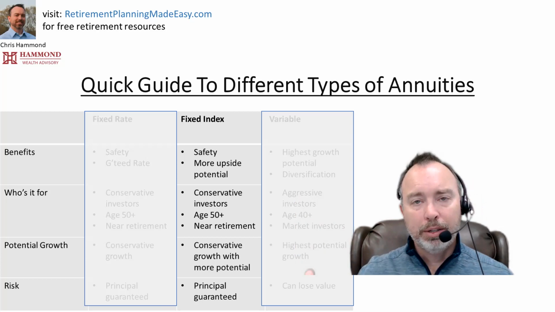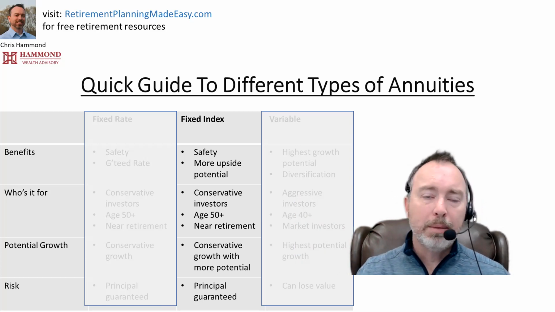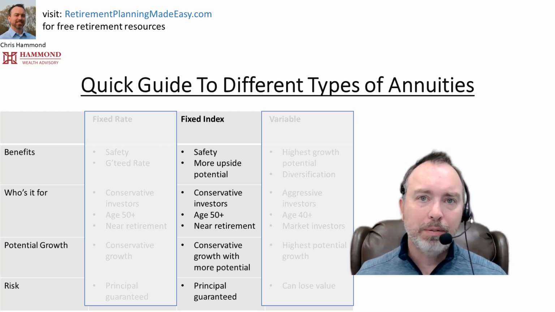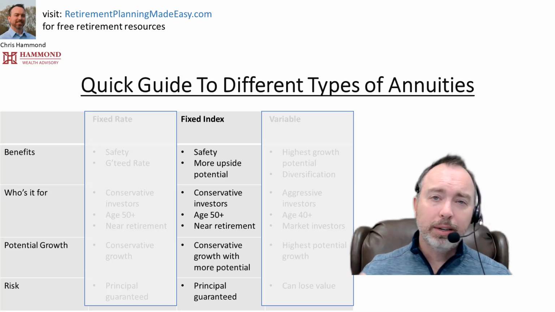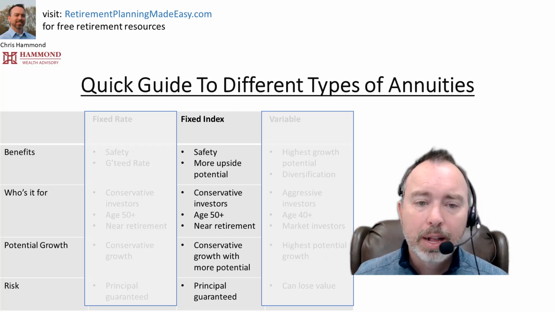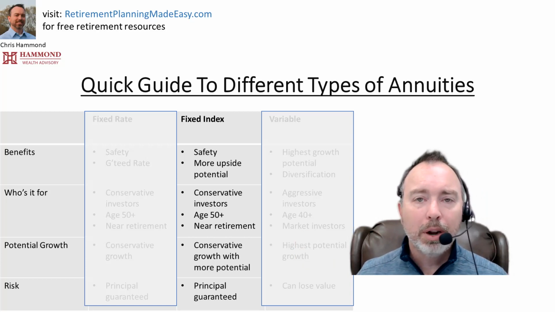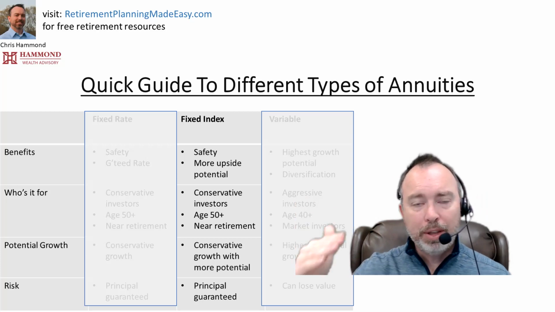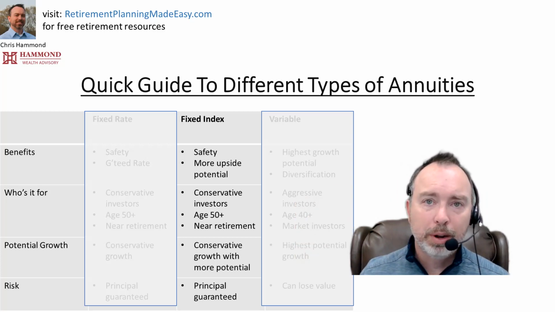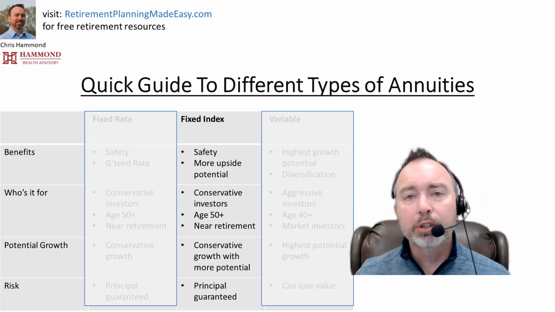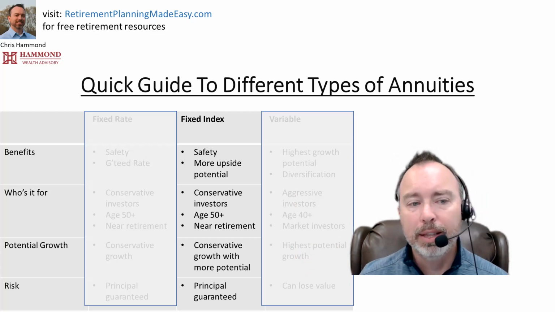And if the S&P index goes down, you don't lose any money on that. So with it being tagged and kind of indexed with something like the S&P 500, and there's tons of other indexes with different products out there, that means you have more upside potential. But also with that upside potential, if the index always went down while you held this product, you could potentially not earn anything on it as well. So there's always a trade-off when you're looking at these things.